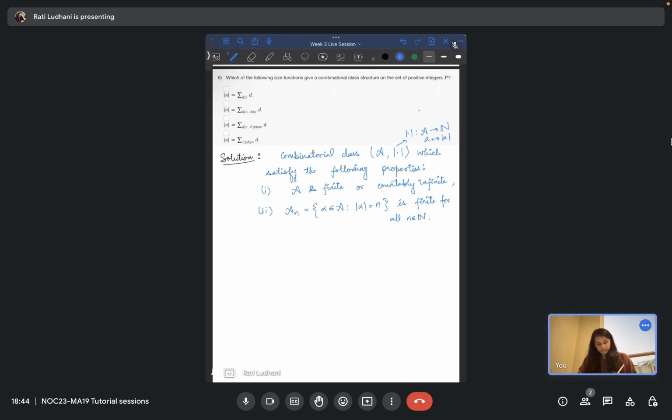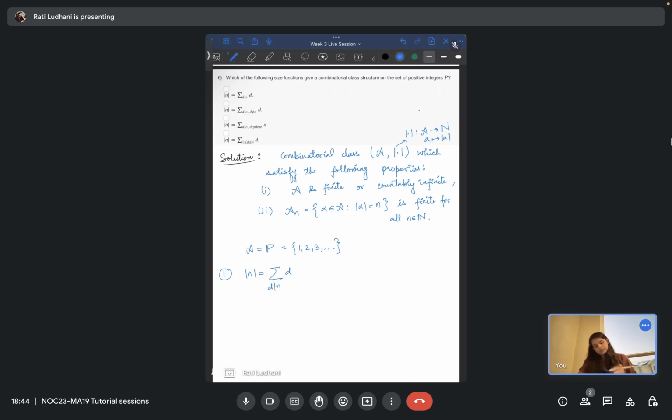So now you have given A to be P, the set of positive integers. So this is just the set 1, 2, 3, 4 and so on, and size is given to be this. So for the first one, size of n is equal to summation of d over d divides n.